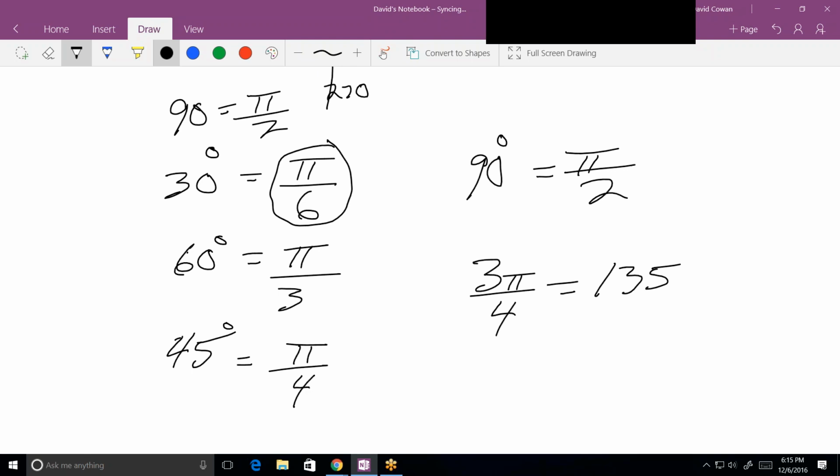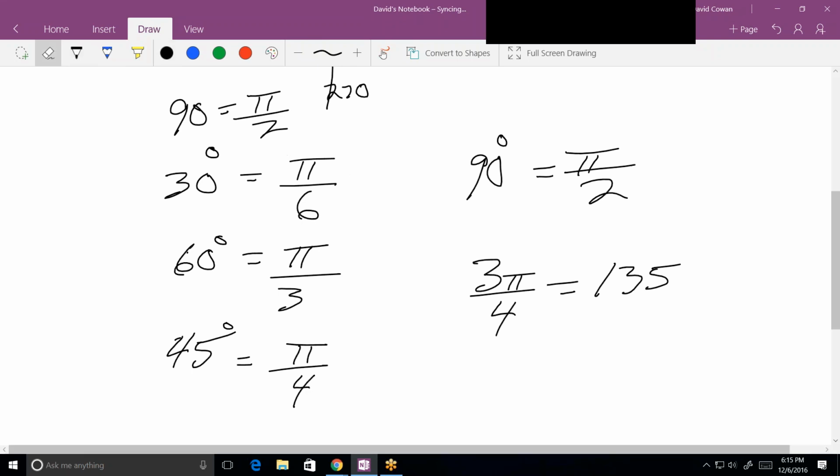Again, 90 times 2 is 180. Okay? So now that only applies if your numerator is just pi. Notice in all 4 of these on the left, I've got just a pi in the numerator. But when I'm presented with a numerator other than pi, like 3 pi over 4, I can tell that 3 pi over 4 is exactly 3 times pi over 4. Okay, and that's the easy way to do it.